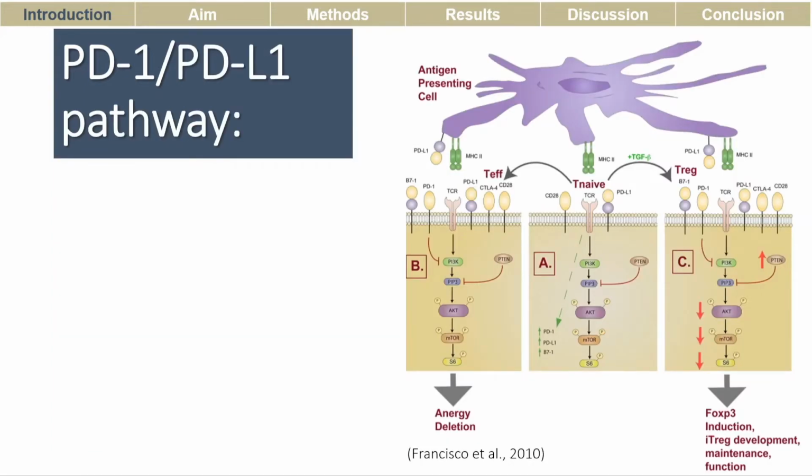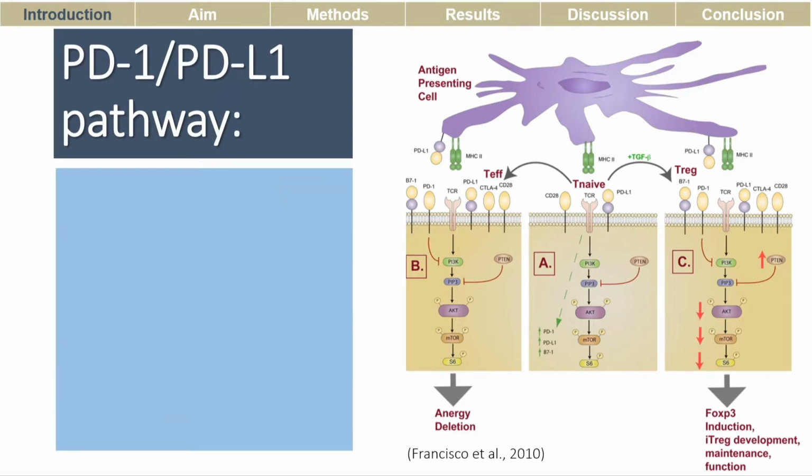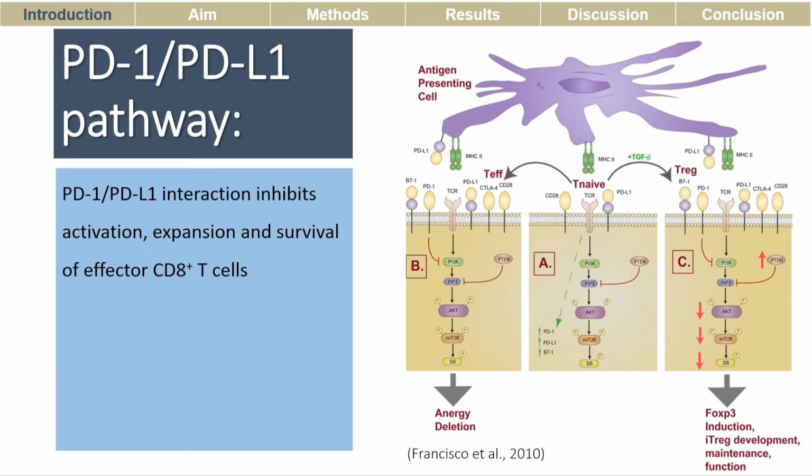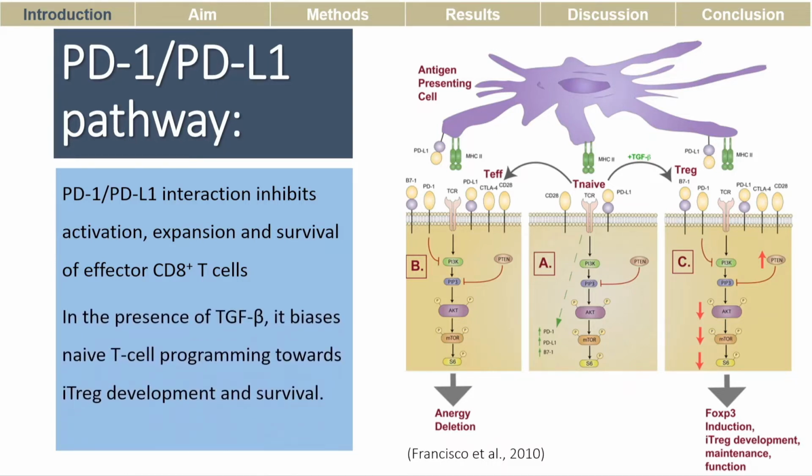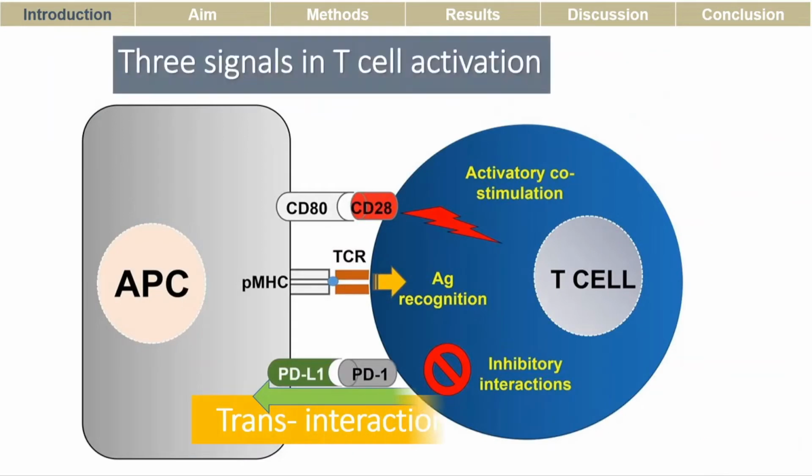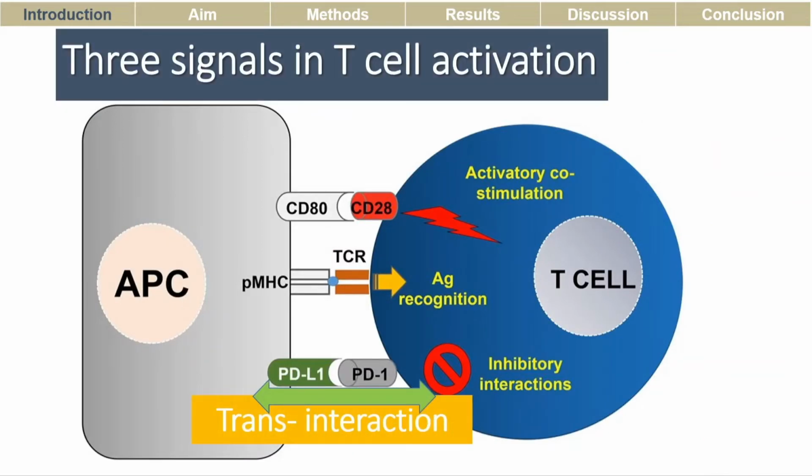The PD1-PDL1 pathway has differential action on T cells. It inhibits the activation, expansion, and survival of effector CD8 T cells, whereas in the presence of TGF-beta, it biases the naive T cell programming towards induced T regulatory cell development and survival. The PD1-PDL1 interaction is between two cells, hence it's called trans interaction.